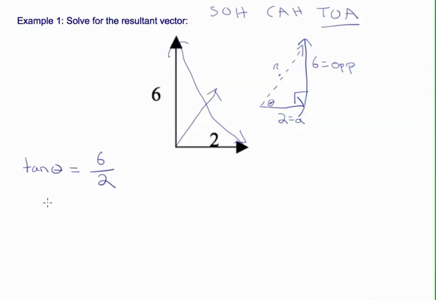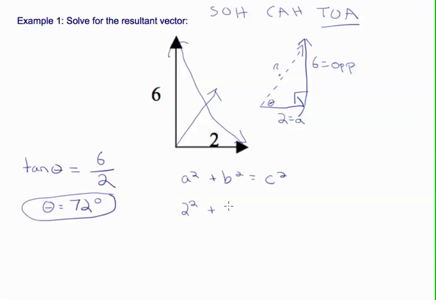And if we think about reality, if this side is so much shorter than this side, then it would be a large angle, wouldn't it? And then to find the hypotenuse, we would do the Pythagorean theorem, a squared plus b squared equals c squared. So we have 2 squared plus 6 squared.